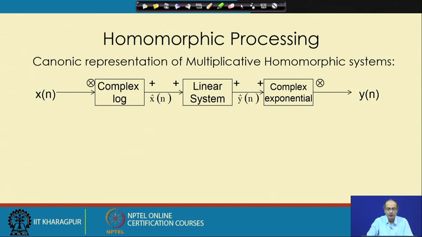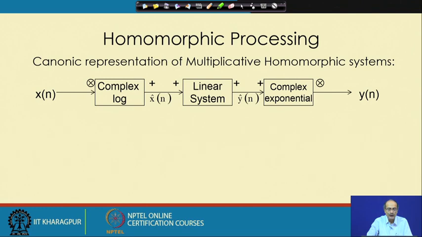So, what we do is, the observed signal x, which has multiple components in it, not added rather, they are combined in a multiplicative way. First we pass them through the complex logarithmic function.